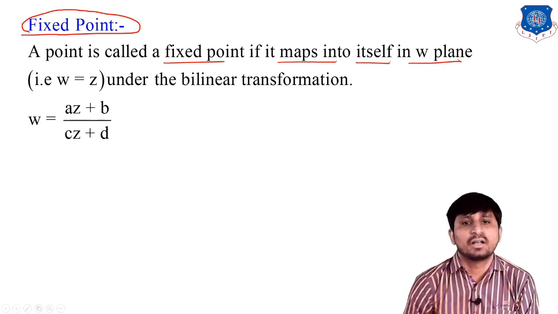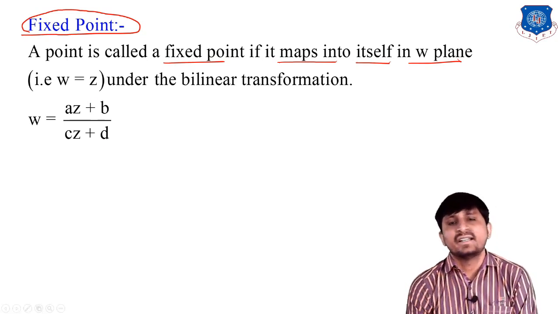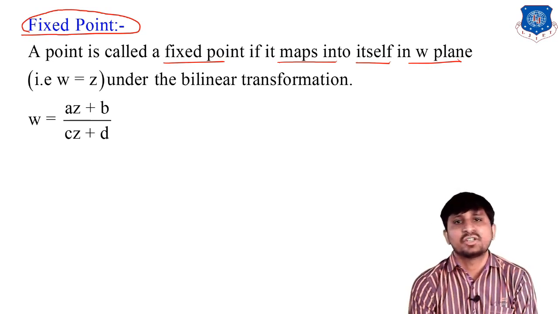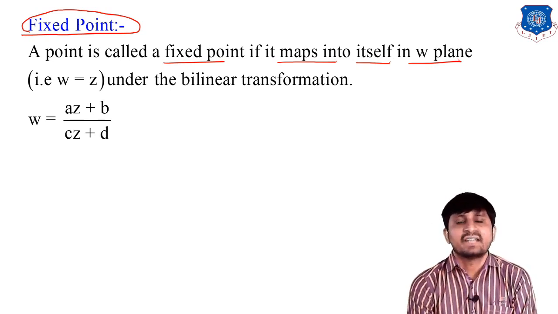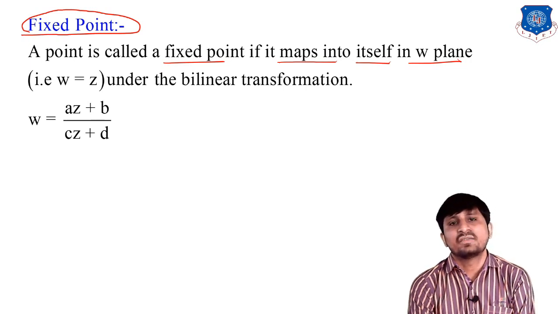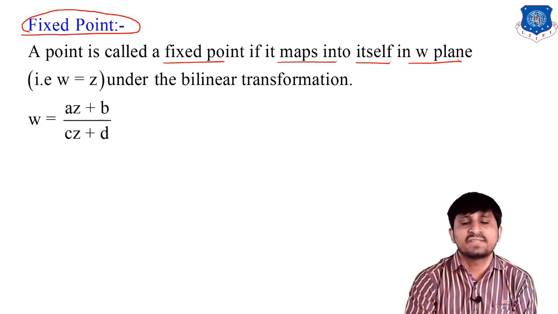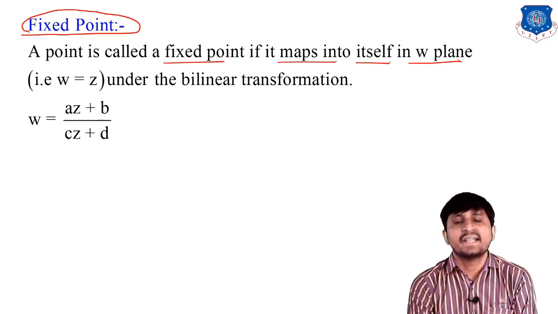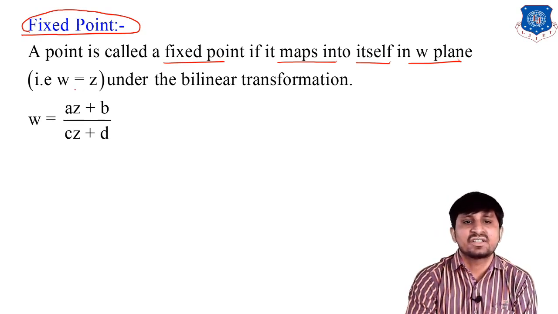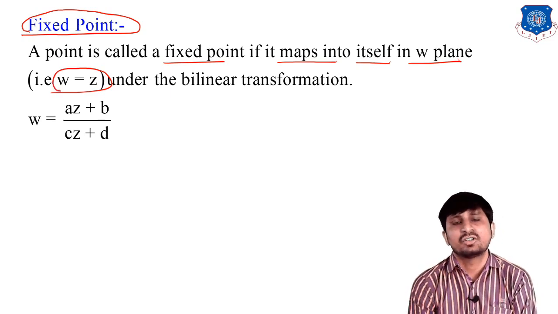That means if there is a point in the Z plane and its image under the given bilinear transformation is the same, then that point is called a fixed point. To find the fixed point from the given bilinear transformation, we take W equal to Z and solve that equation to find the value of Z.